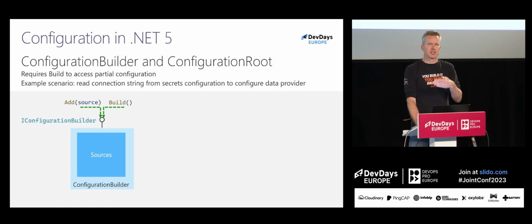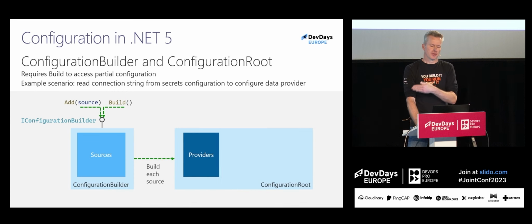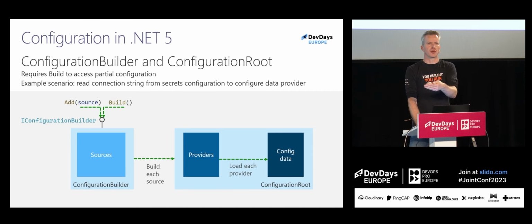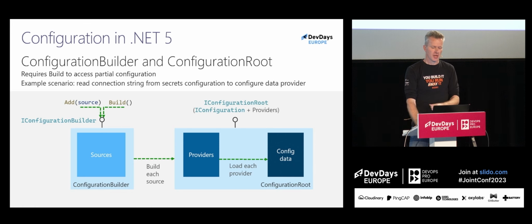They were all added, and finally you would do a build, and that would build something that is called the configuration root. The configuration root has a set of providers that match up to each of the sources, and they know how to read from the sources. And on a build, the providers are used to build the configuration data. And it's layered, so it adds things one after the other, overriding previous values. So you can build a really nice configuration layering.